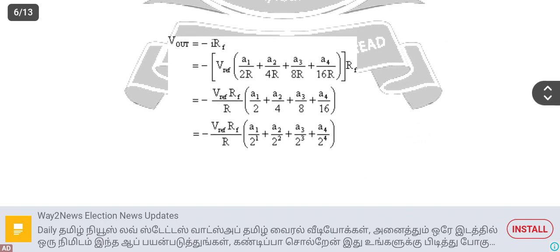Here the output analog voltage is nothing but the negative of V reference voltage into RF divided by R into all the digital bits divided by the weighted resistance values.